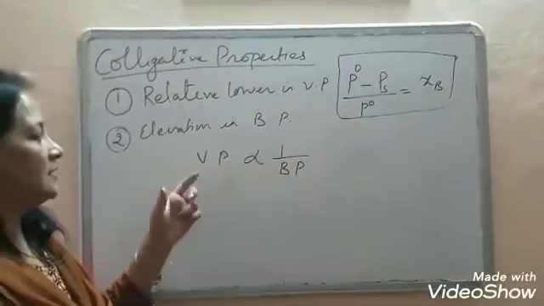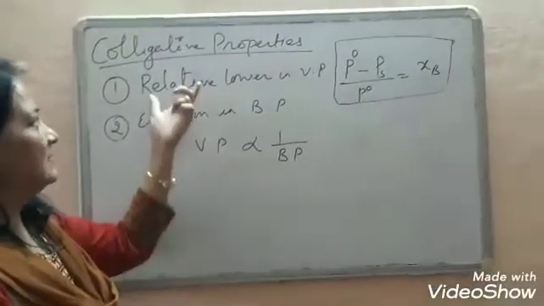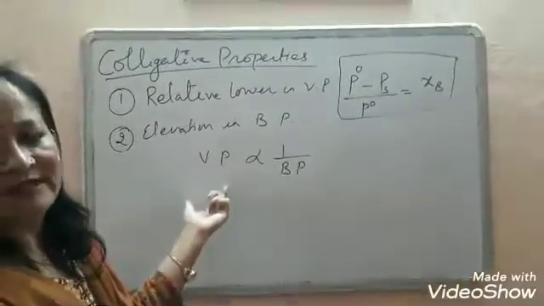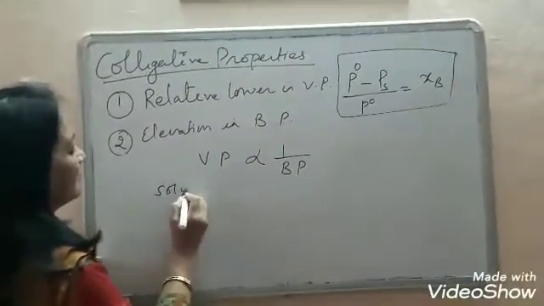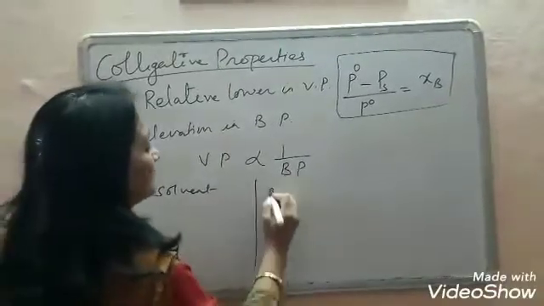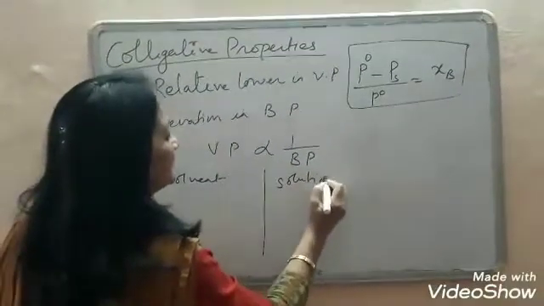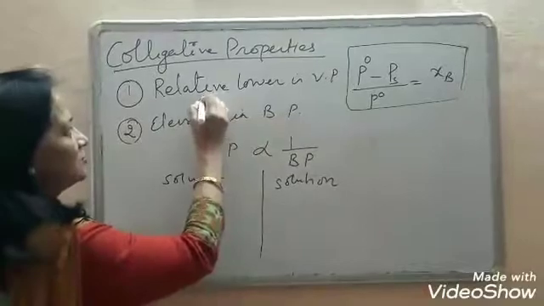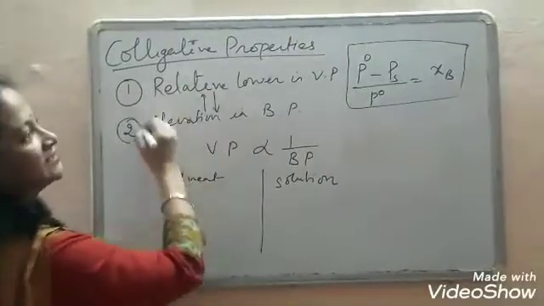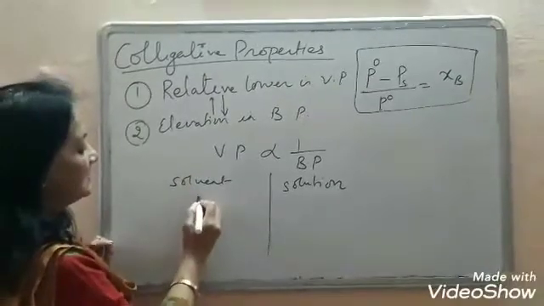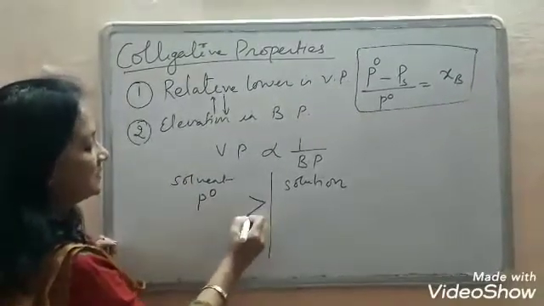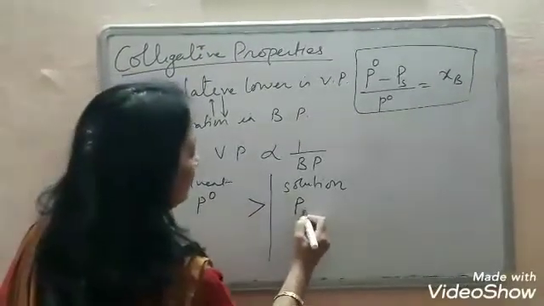Now we have to understand what happens for solvent and solution. How these two colligative properties are interrelated, I am explaining to you. Pure solvent has higher vapor pressure than a solution, we all know this.